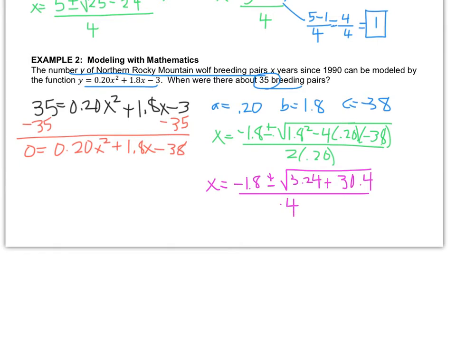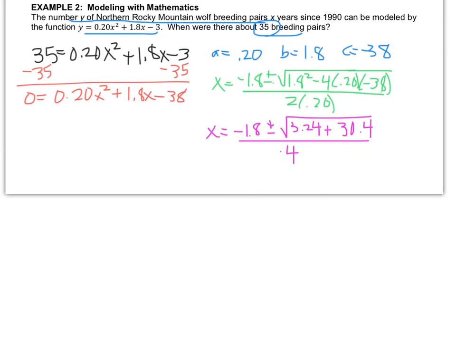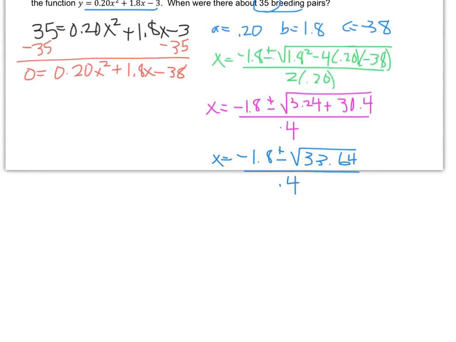All right, we just kind of keep crunching our numbers. So we get x equals negative 1.8 plus or minus the square root of 3.24 plus 30.4 is 33.64, all divided by 0.4. Good thing I have infinite space.